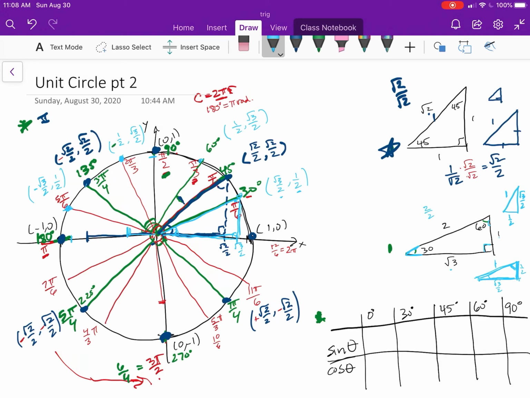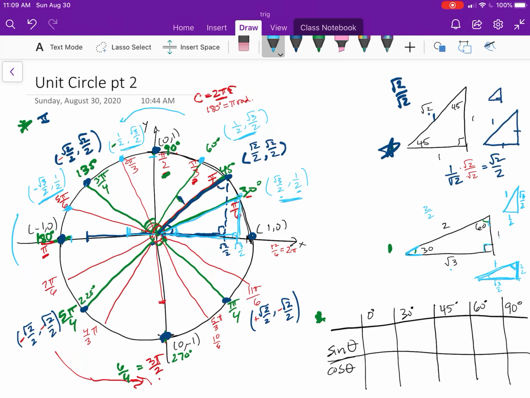And then you could use symmetry and reflections. Filling in the rest is really easy from here. Like notice this was 1/2, square root of 3 over 2. It reflected over y, right? So the point is the same, except the x becomes negative. If you compare this one here with 5 pi over 6, same thing but negative.